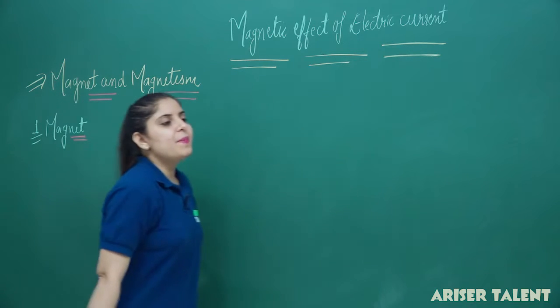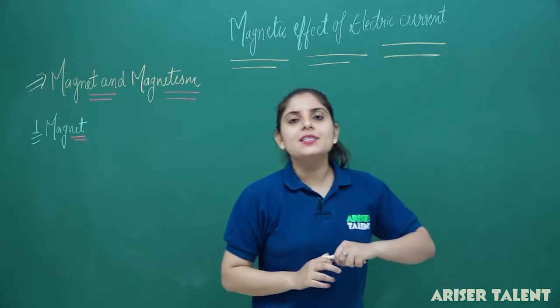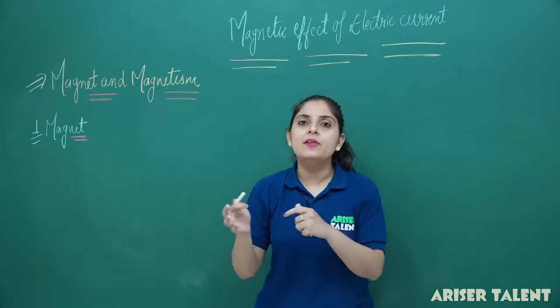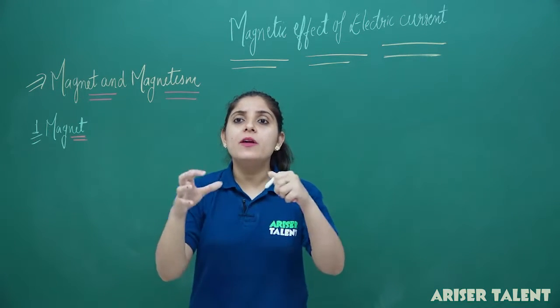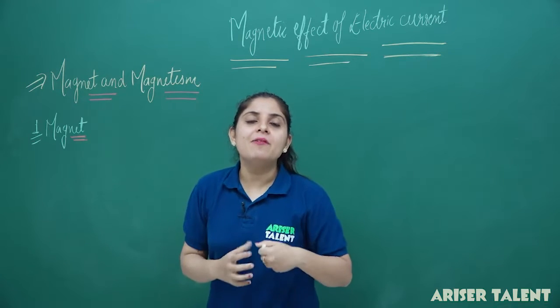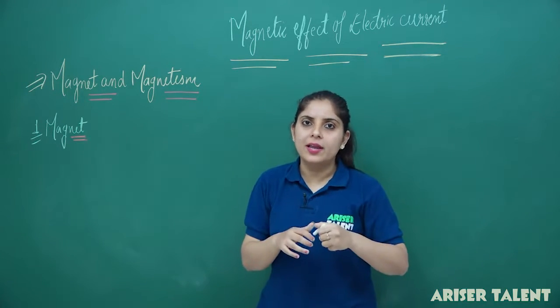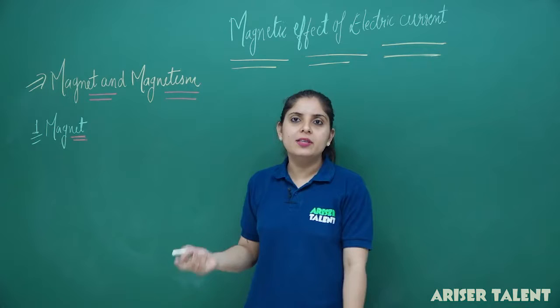Now, what is a magnet? A magnet is a substance which has the property to attract a piece of iron, and when you suspend it freely, it will have a tendency to align in the north-south direction. So this is about what actually the magnet is.